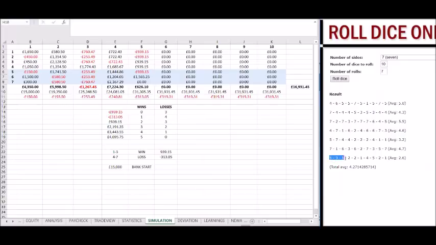And then the final day of the week, which is the Sunday, we've hit 4 wins, 3,443.55, and then we've got 1 more win and 1 more loss.